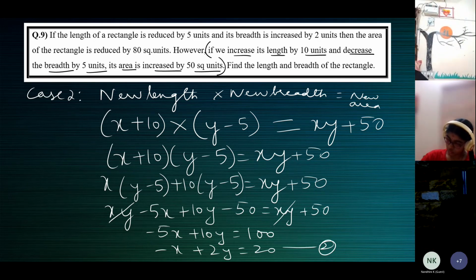Now you have to solve the two equations and find the values of x and y. That is the original length and the original breadth of the rectangle.